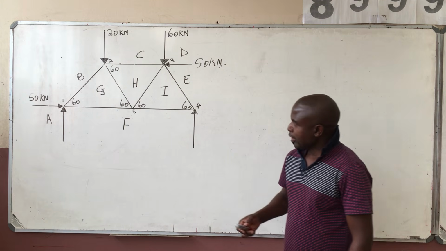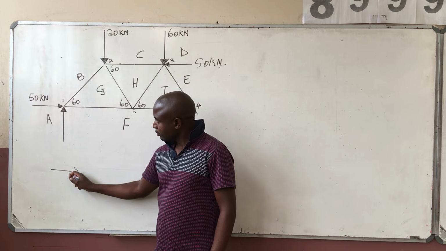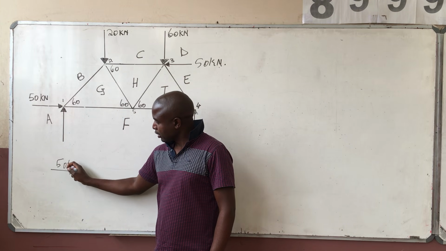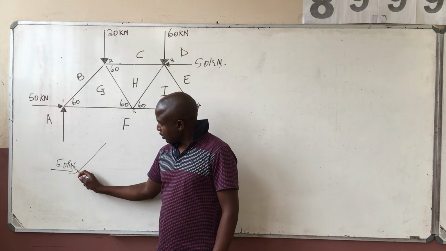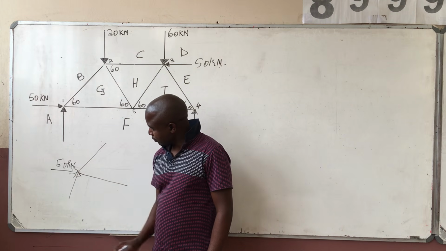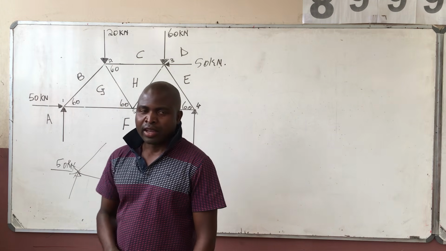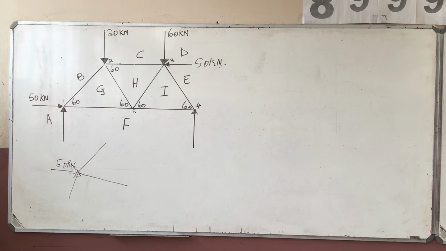So, the forces, for instance, if we're having this one, which is 50 kilonewton, and this one, and this one going up, how many members do they have with known value?